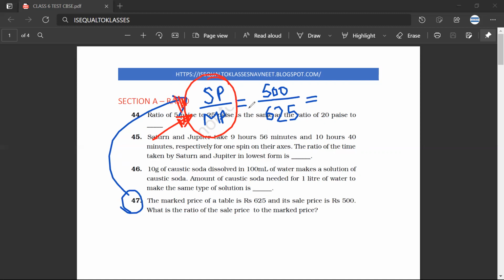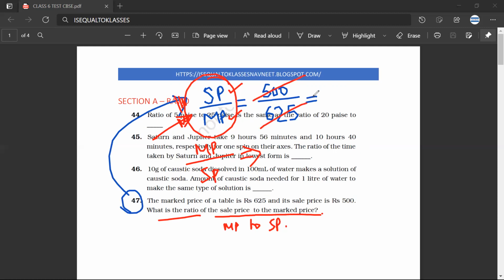So whenever you are confused, for example, they want you to have a ratio of SP to the marked price, you can write SP to the marked price here. If they wanted the ratio of marked price to SP, you could have written MP to SP here. Mr. Sarthak, is it correct? Yes, sir.